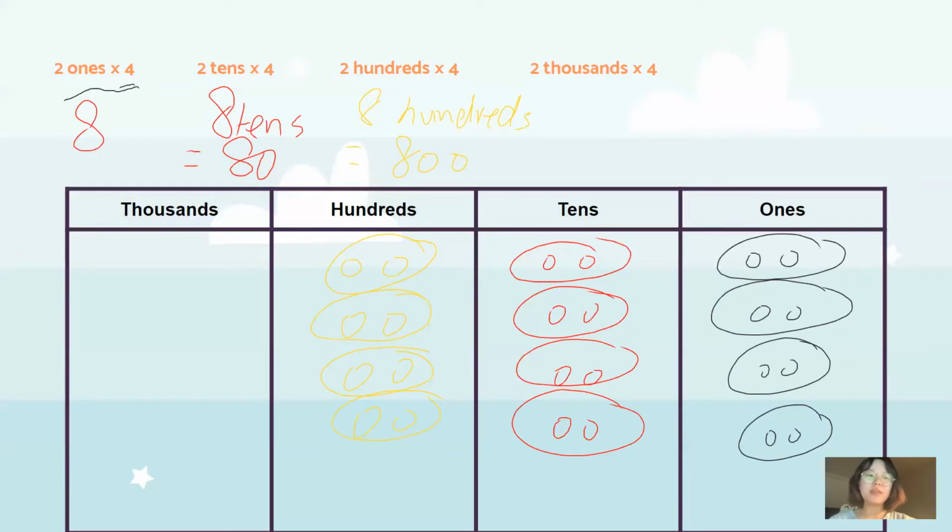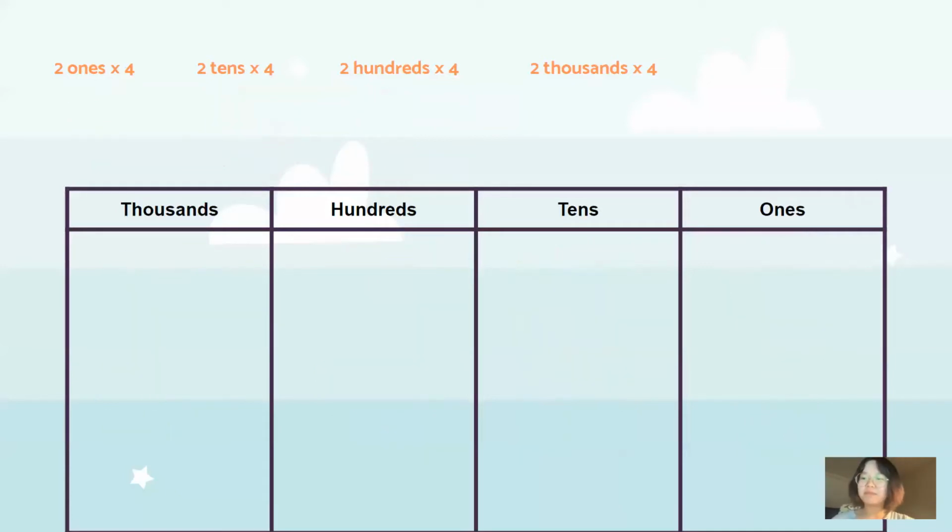And what is 2,000 times 4? It will look the same again. So like this. Let me use another color. Like this again in thousand place. The answer will be 8,000 because we multiplied 2 times 4 in the thousands column. Okay.